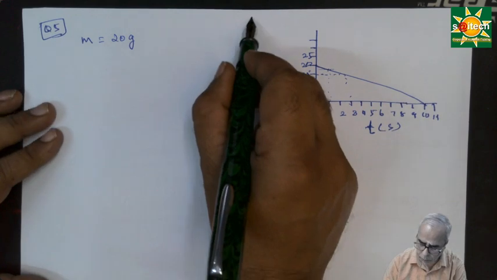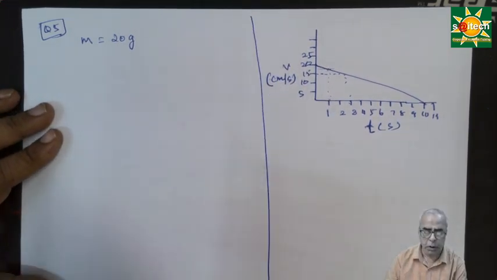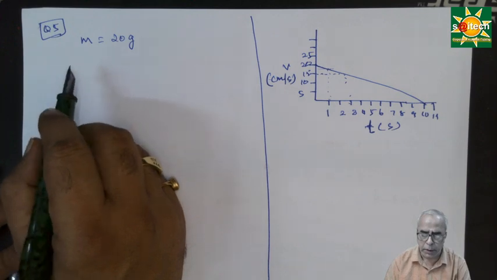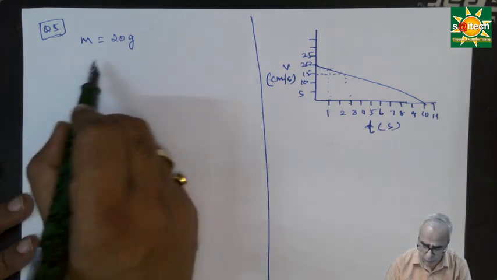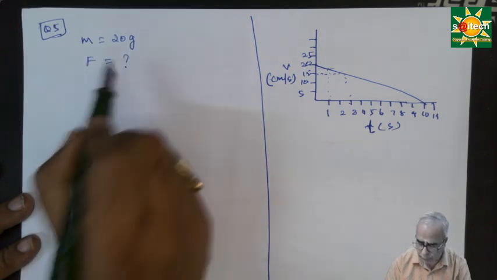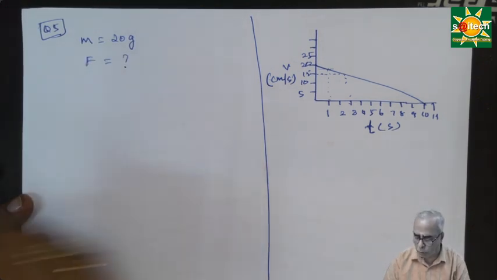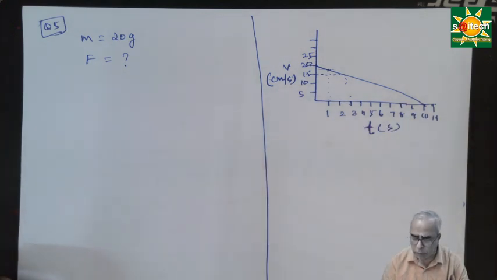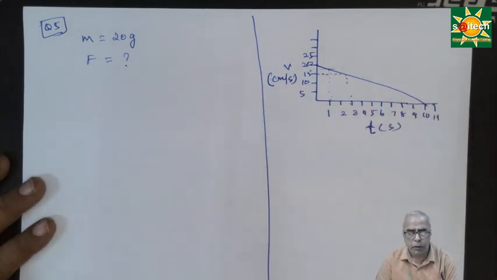Now what is the question asked here? How much force does the table exert on the ball? So the force is to be calculated. From the plot you can have an idea about the velocity, is it not?